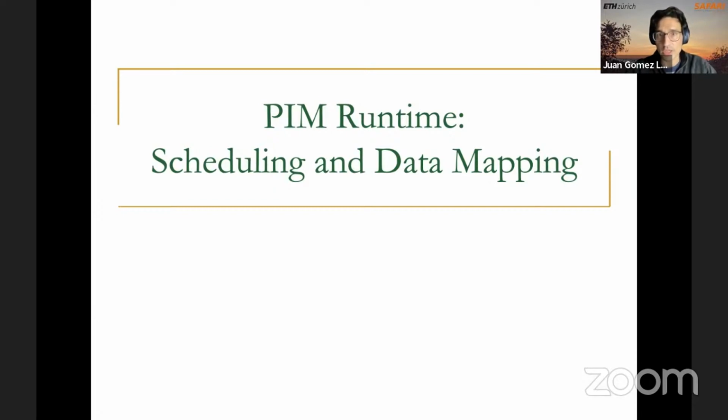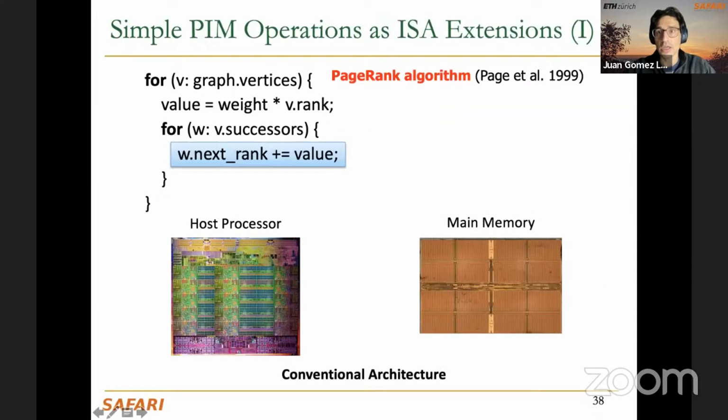I want to first remind you of one of the proposals that we covered here, and we can extend a little bit more later. Remember that in our first lecture, we talked about PIM-enabled instructions.